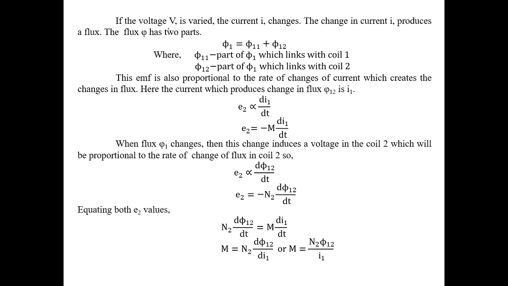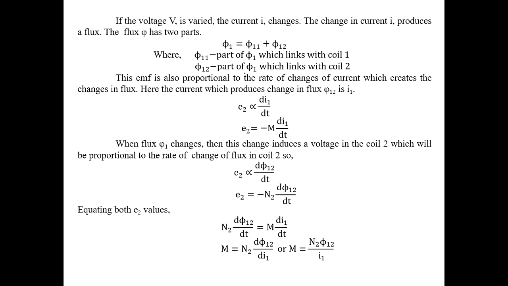Next, if the voltage V is varied, the current I changes. The change in current I produces a flux. The flux phi has two parts. We can write phi 1 is equal to phi 11 plus phi 12, where phi 11 is the part of phi 1 which links with coil 1.